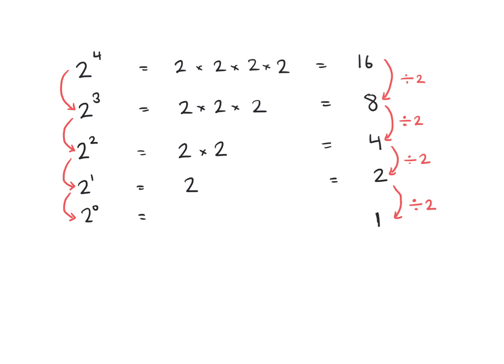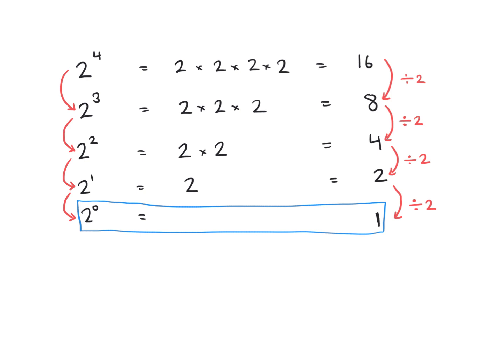The exponent is going down by 1. So what I'm trying to say is that perhaps 2 to the exponent of 0 should simply equal 1. And you don't know what that means because, like before, exponents were repeated multiplication.